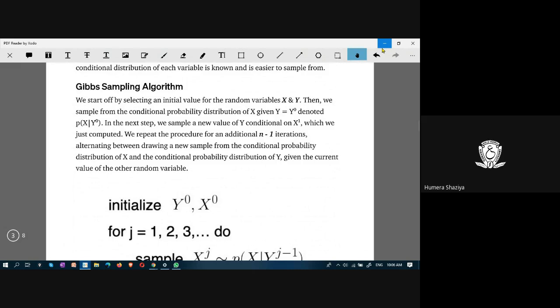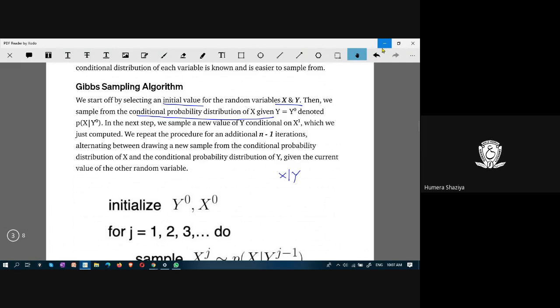This algorithm starts off by selecting an initial value for the random variables x and y. Consider that there are two random variables x and y, and some initial value is chosen, and then sample from the conditional probability distribution of x given y. Based on the conditional probability of x given y that is sampled, and y naught, denoted as probability of x given y naught.